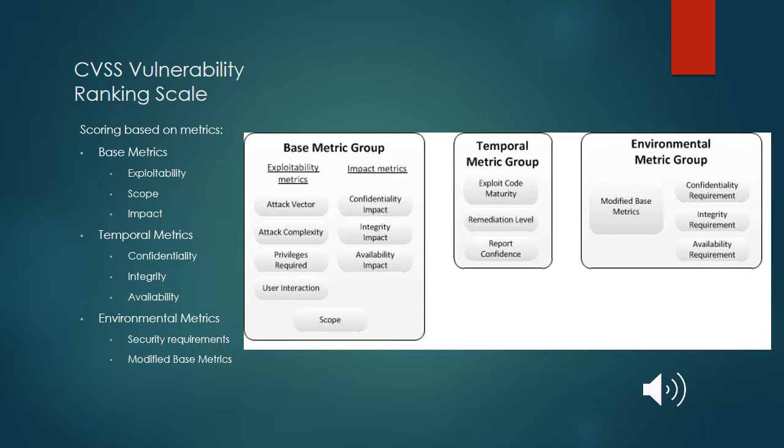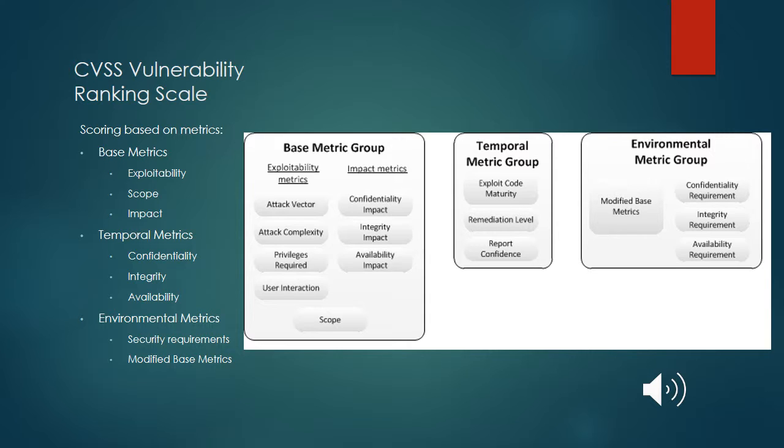Within the base metric group, there are exploitability metrics. They are based on attack vectors, attack complexity, the privileges that are required, and the user interaction. The impact metrics are based on the impacts that it has on confidentiality, integrity, and availability.